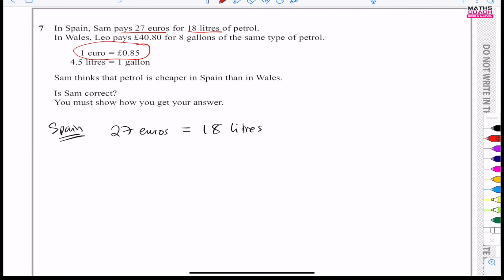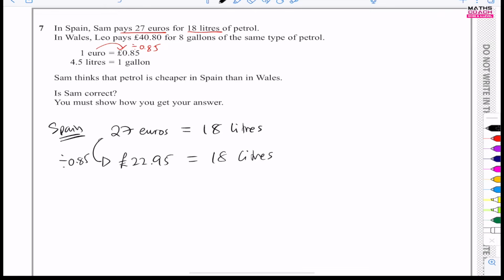So therefore, to go from euros to pounds, we divide by 0.85. So I'm going to divide this by 0.85. So 27 euros divided by 0.85 will give us the pounds, and that gives us 22.95. So this is how much you're paying for 18 liters in pounds.